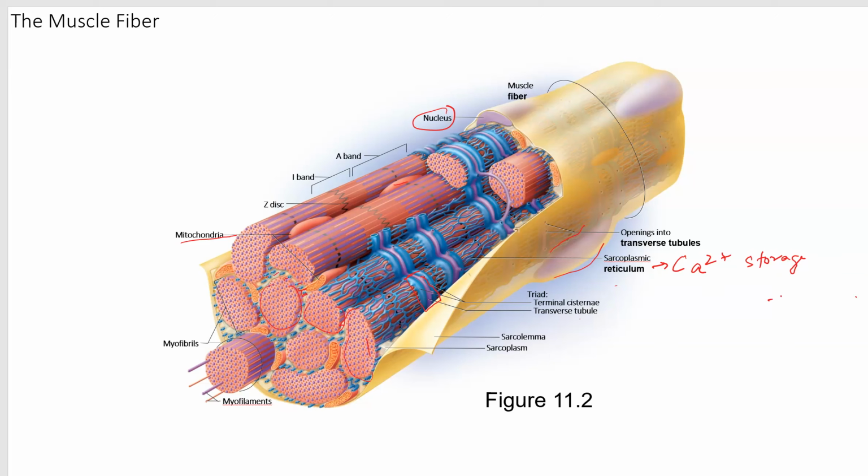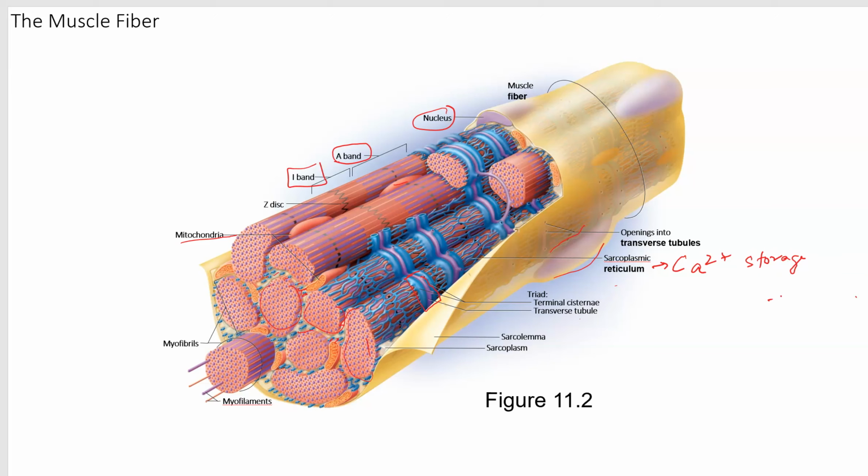So you'll obviously see a lot of terminal cisternae and transverse tubules embedded around these myofibrils, because it is important for the action potential to enter the muscle fiber and reach the myofibrils really quickly, so all the muscles can contract together.